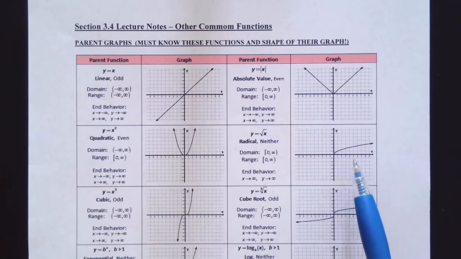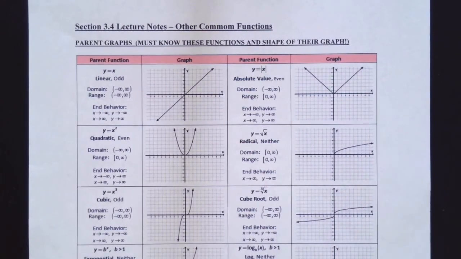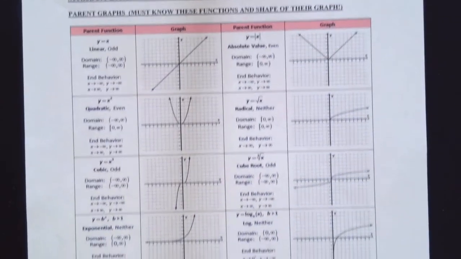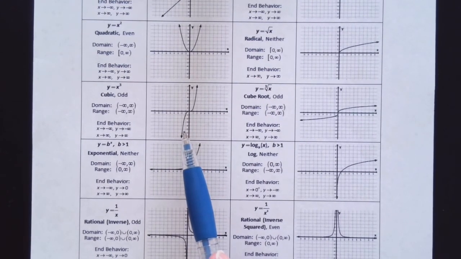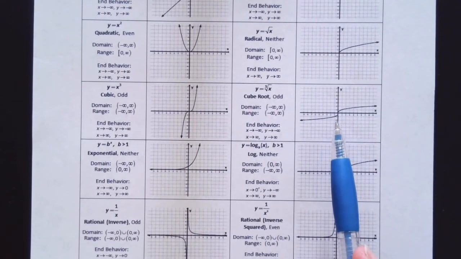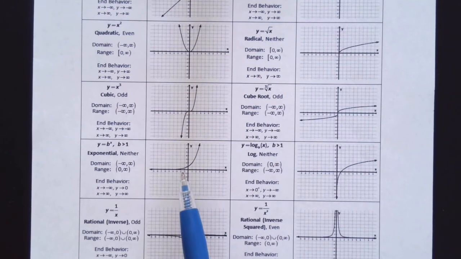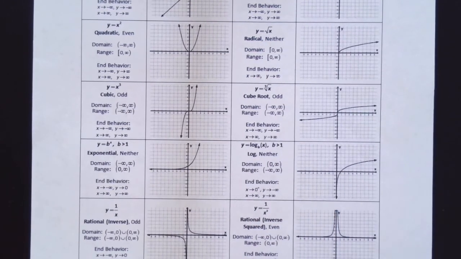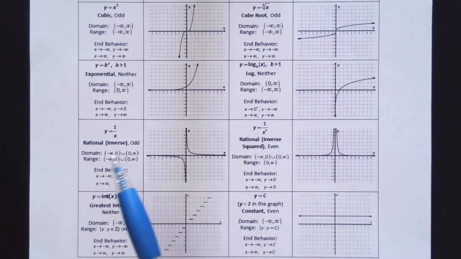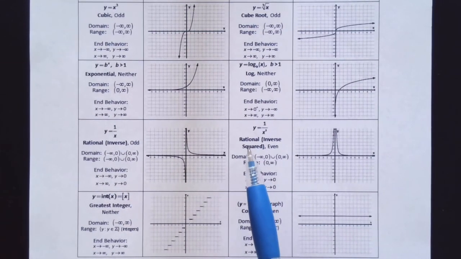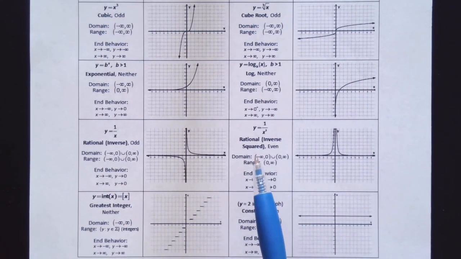We have radical functions, so that's the shape of a square root function. We have cubic functions, so y equals x cubed. Cube root functions, exponential functions, logarithmic functions, and then two types of rational functions. There's rational inverse, and then there's rational with inverse squared.